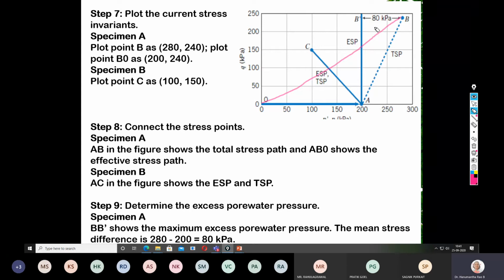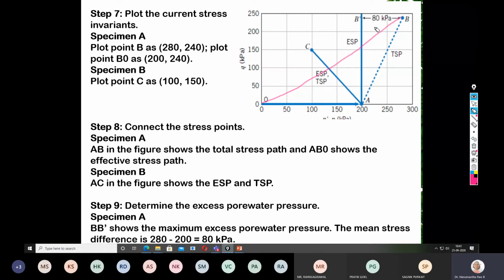But there is an interesting point that you need to understand. When we talk about drained and undrained condition, there are two other parameters: water content and degree of saturation. You may reduce the water content, but you still maintain the degree of saturation at 100%. There is a possibility.